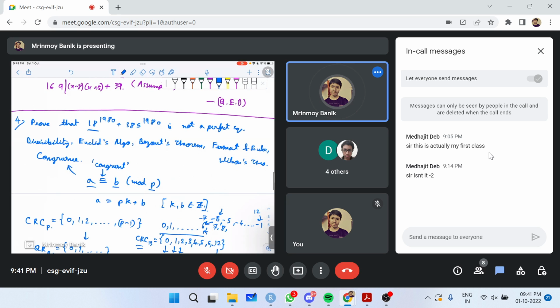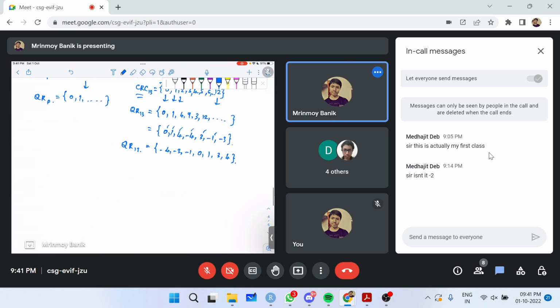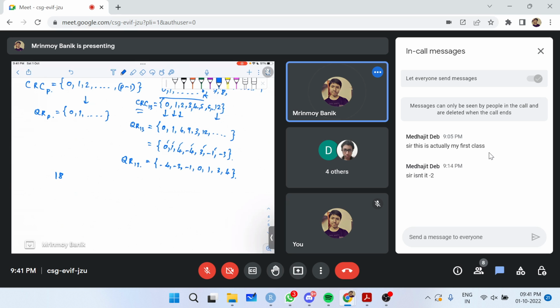So now we have these two numbers. We just take the remainder by 13 and we are done. So what is 18? We know 18 to the power 12 is congruent to 1 mod 13. This is Fermat's theorem: a to the power p minus 1 is congruent to 1 mod p, where p is prime, and 13 here is prime.